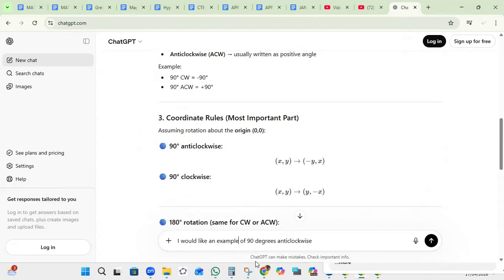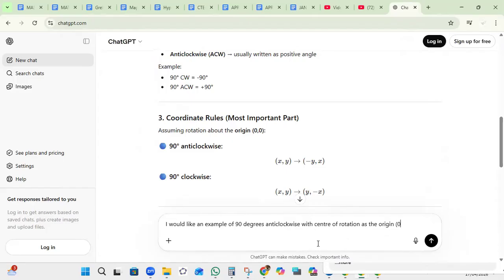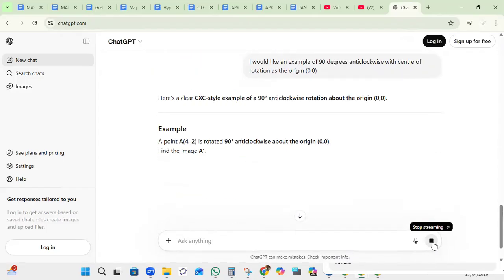I have to say the center of rotation, with center of rotation the origin, it's 0, 0. So let's see what it does.